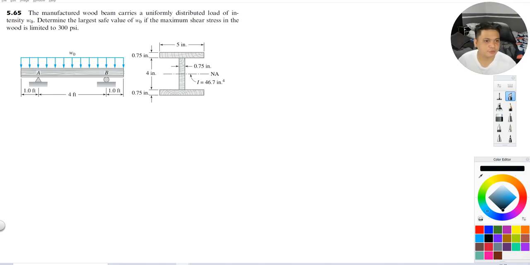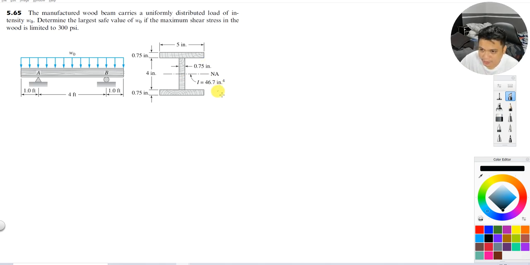The manufactured wood beam carries a uniformly distributed load of intensity W sub O. Determine the largest safe value of WO if the maximum shear stress of wood is limited to 300 psi.